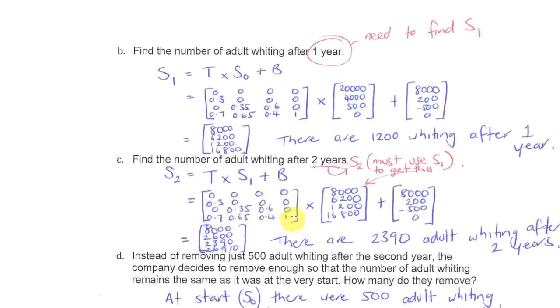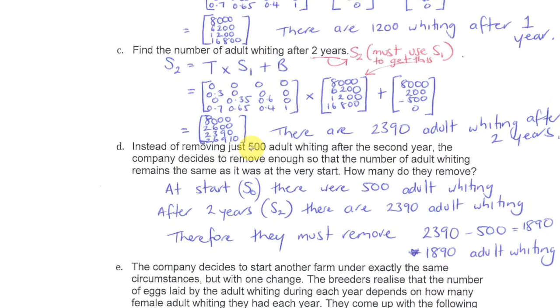Here's my transition matrix right from the beginning. There's the status after 1 year, that's found here. Here's my culling restocking matrix, and that's what my status will be after 2 years. So adult whiting, eggs, babies, adults. You can see there are 2,390 adults after 2 years.